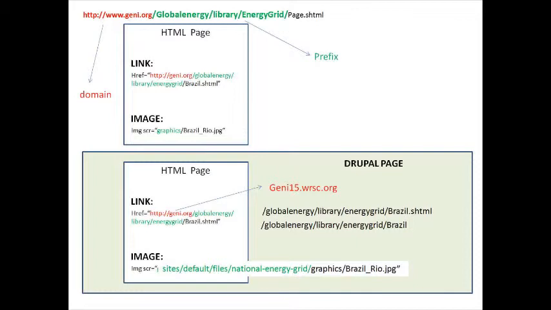They're going to have a relative path URL. And then for the images, we just replace the graphics part of the URL with the new file path that we're designing for it. And then everything should be linked properly if that works.